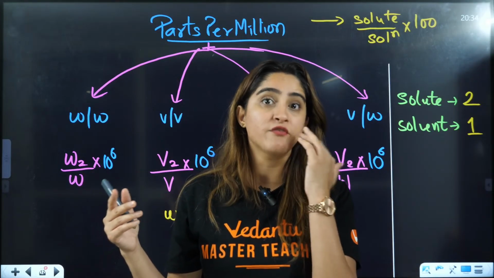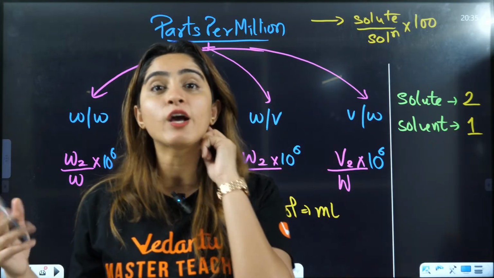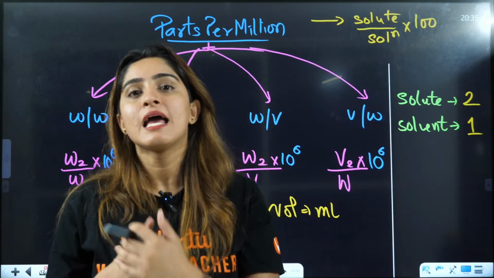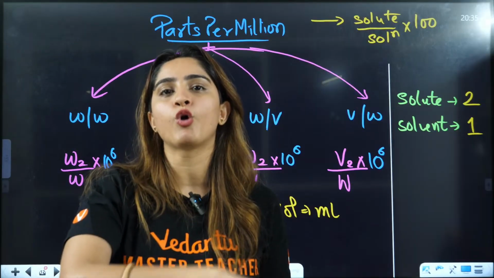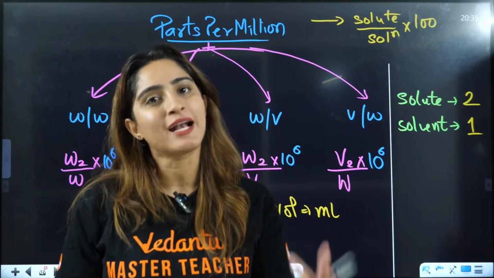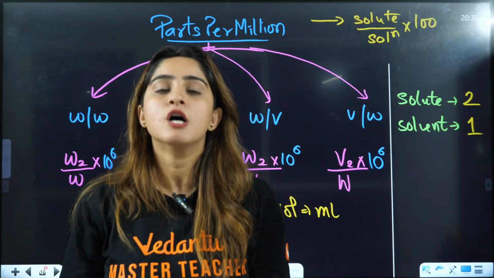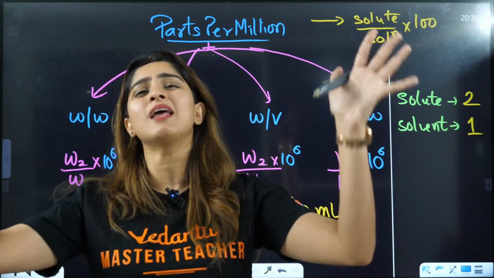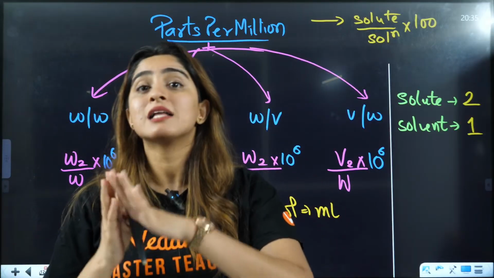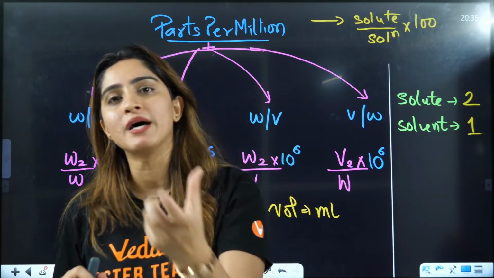Now you add 1 tablespoon of salt into it. That is parts per million because you are adding a very small amount to a very big thing. So when the solvent is extremely high as compared to the solute, we say it is parts per million.